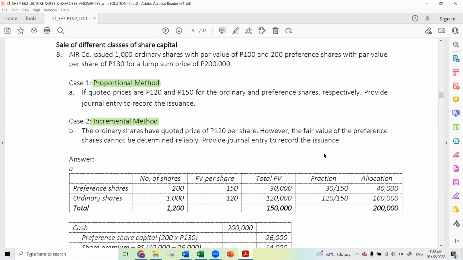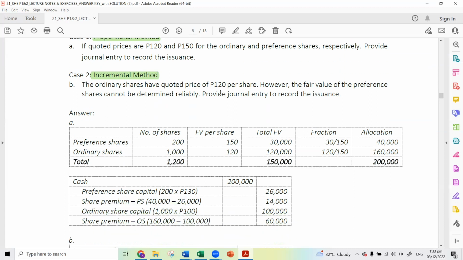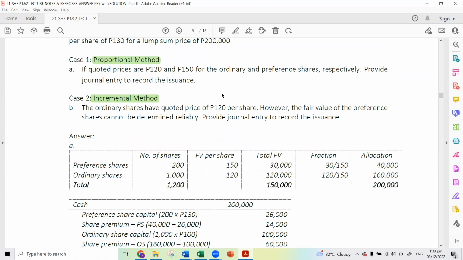It is easy to remember. The proportional method is used if the fair values of the classes of shares are determinable. The incremental method is used when not all have relative fair values.